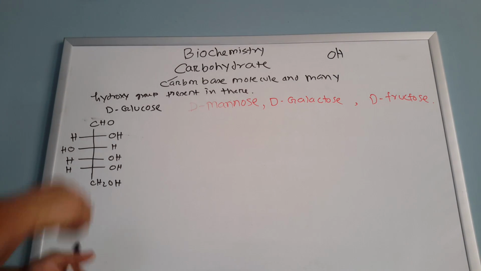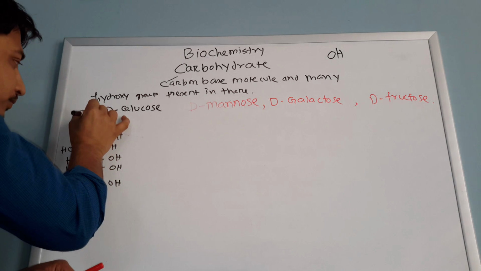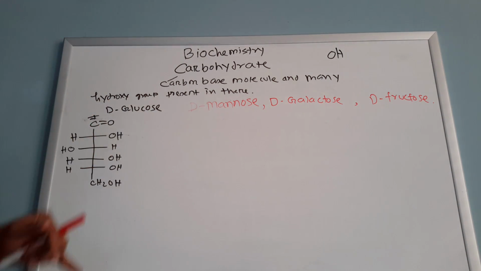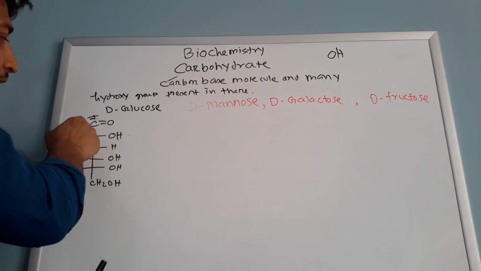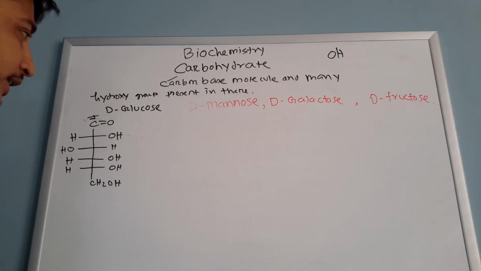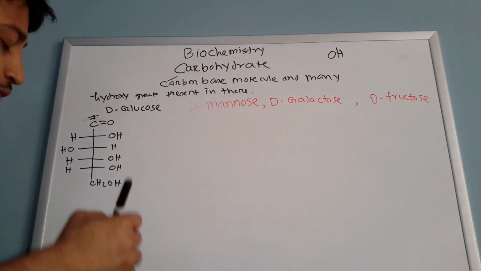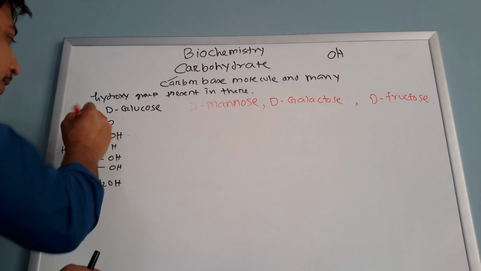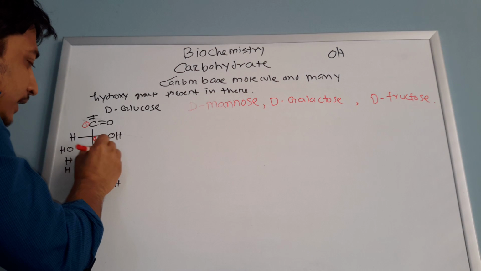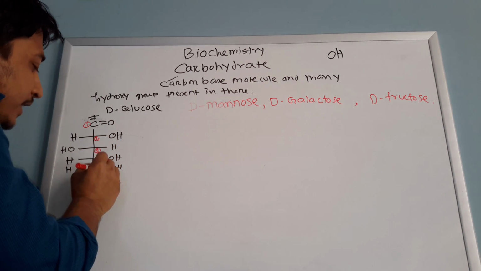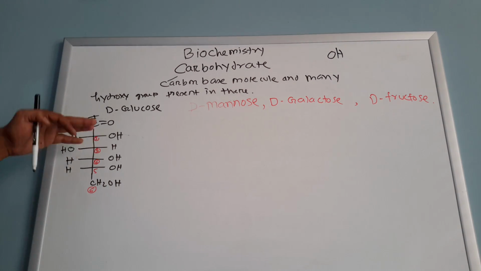You can write it basically like that, and this is aldehyde. Why is this one aldehyde? Because the double-bonded O carbon is attached with hydrogen. So if this one is attached with hydrogen, that means this is aldehyde. And you know that aldehyde is always number 1. This carbon is always number 1. This is 2, this carbon is 3, this carbon is 4, this carbon is 5, and this carbon is 6. This is the numbering.